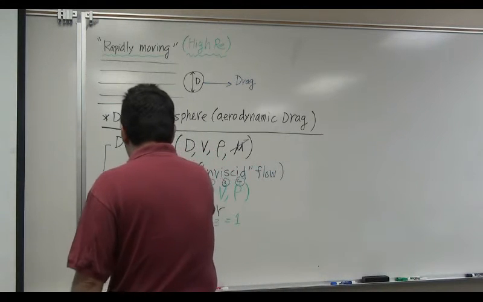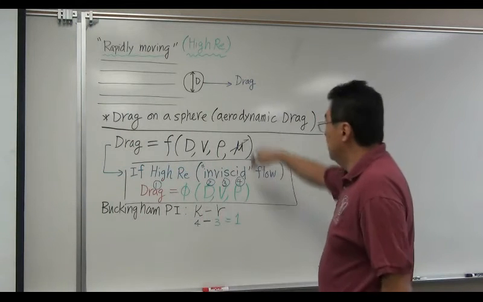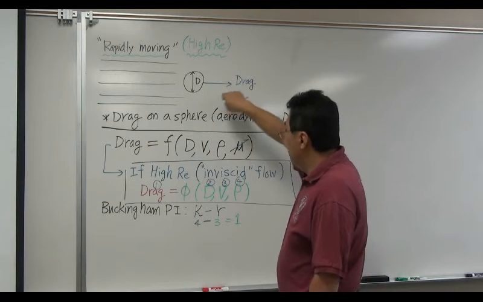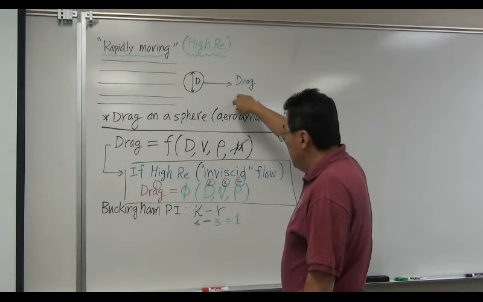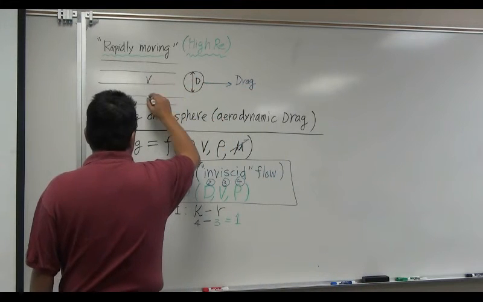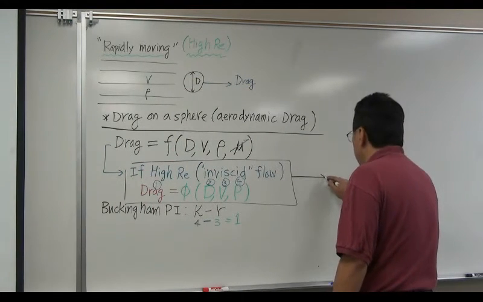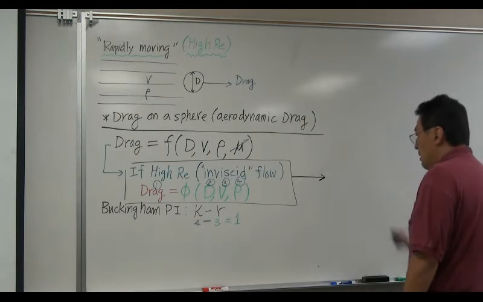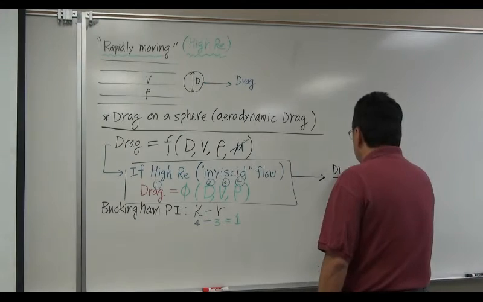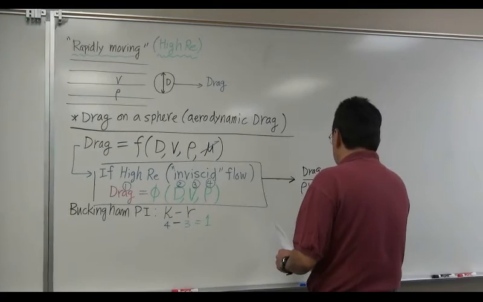So this is the original problem statement. The original problem statement says the drag of a high speed or high Reynolds number flow over a sphere depends on diameter and velocity and density. Okay? So this can alternatively be described by, well, let's combine drag, density, velocity squared, diameter squared.